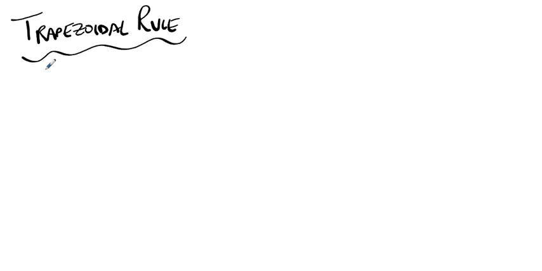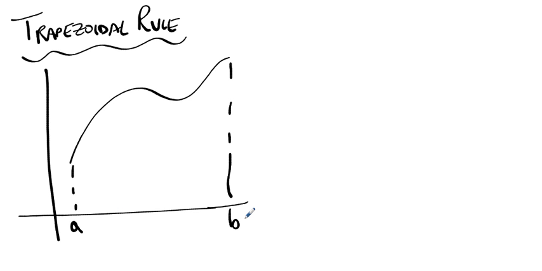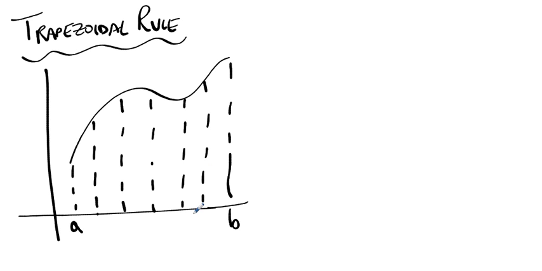There are other methods. For example, there's the trapezoidal approximation. When we do the trapezoidal approximation method, we imagine some function, f of x, from some interval from a to b, and we imagine breaking up the interval into a variety of subintervals.